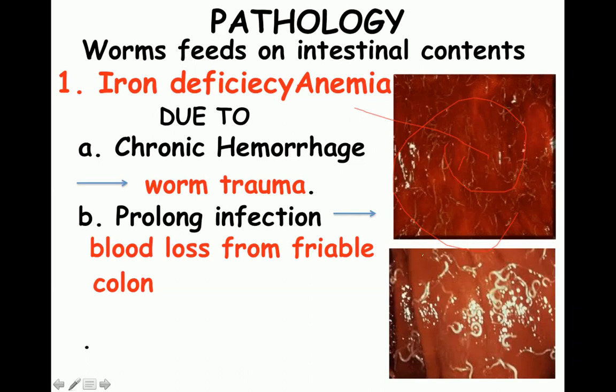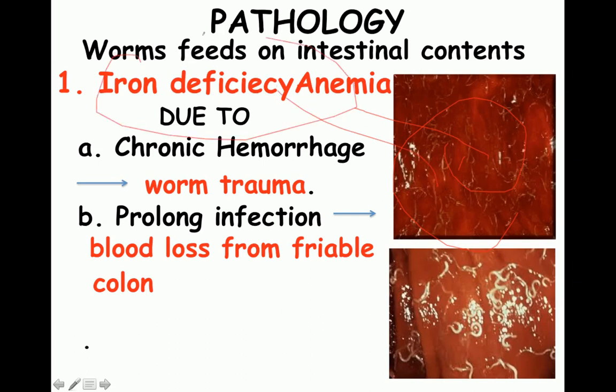Secondly, with prolonged infection, the intestinal mucosa becomes highly friable, and it continuously breaks down, and there's bleeding from that part, and this also is going to further contribute towards this iron deficiency anemia.